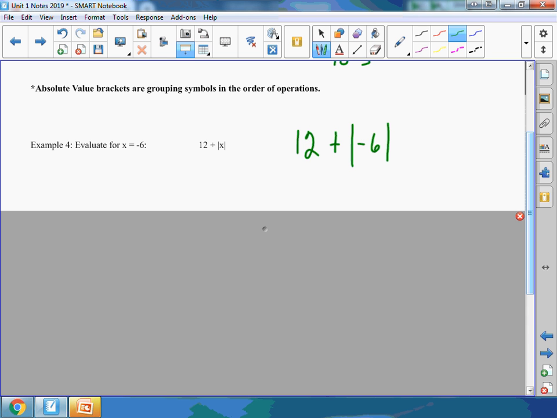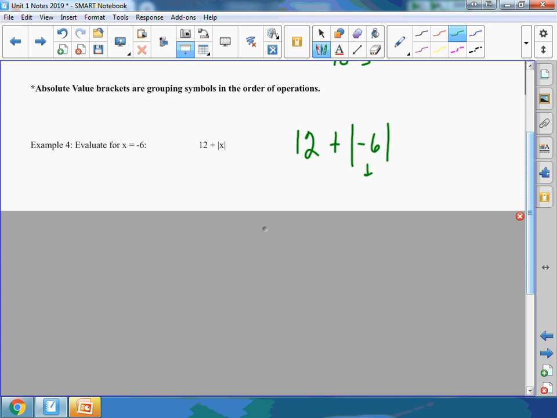And then what do you get when you simplify this? Absolute value brackets first. Any operations after that? What do you get, Duncan? Does this right here become 6? Is that what you're saying?